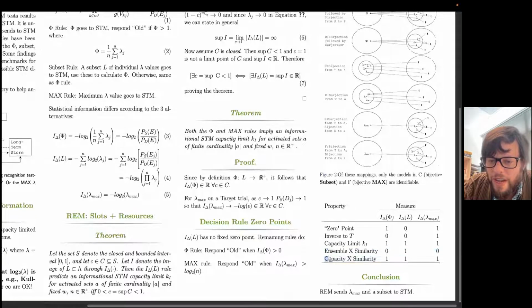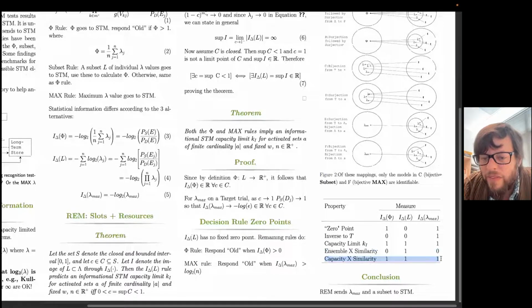And I also have a proof that I think is correct. I don't think there's a problem in it, maybe. But it shows that estimates of capacity could increase or conceivably decrease as similarity increases between the study items. And there's actually precedent in the literature for this.